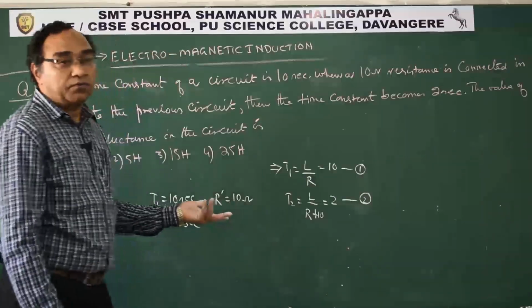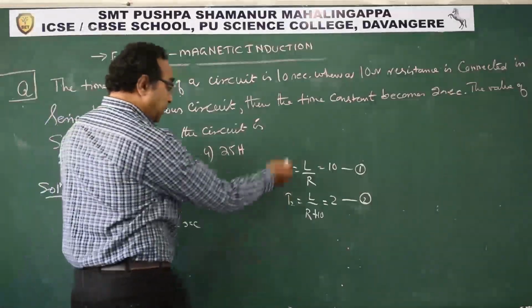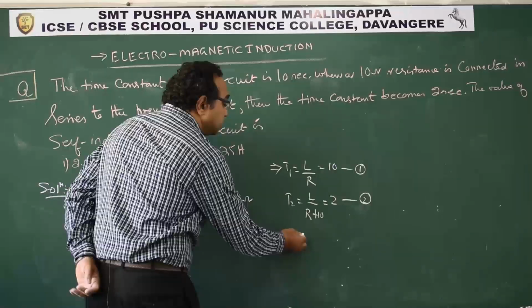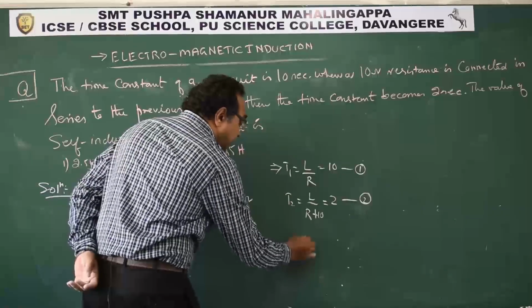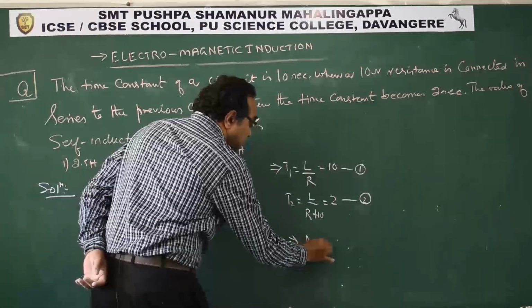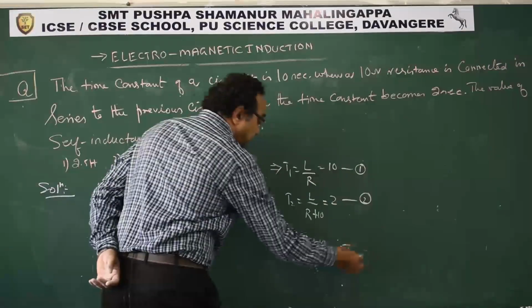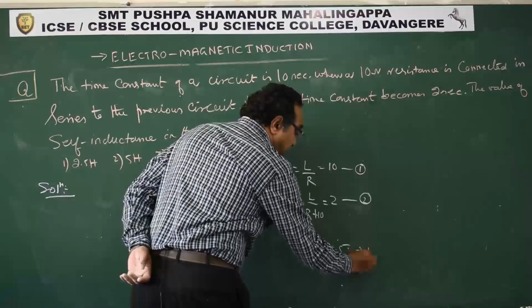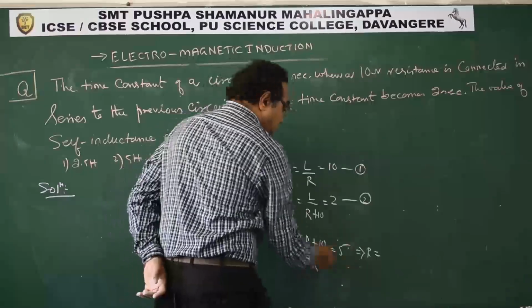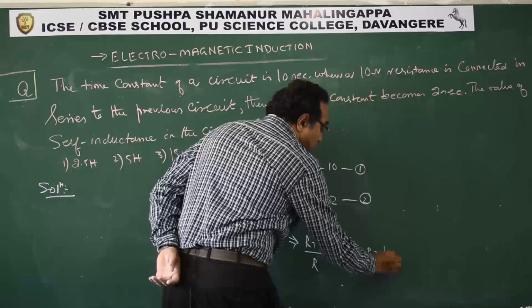Very simple now. It is very easy to evaluate. Divide the two. You get R plus 10 upon R is equal to 5. So from this we can say R is equal to 10 by 4 ohm.